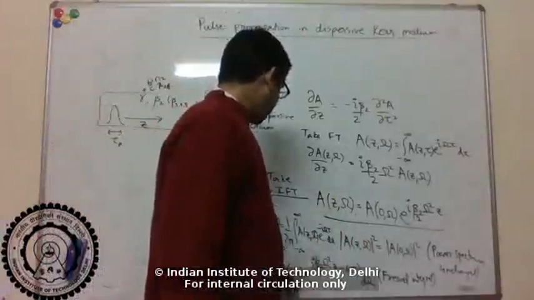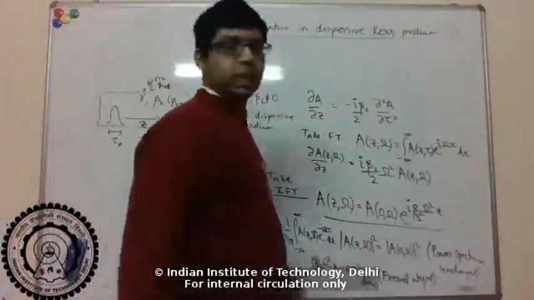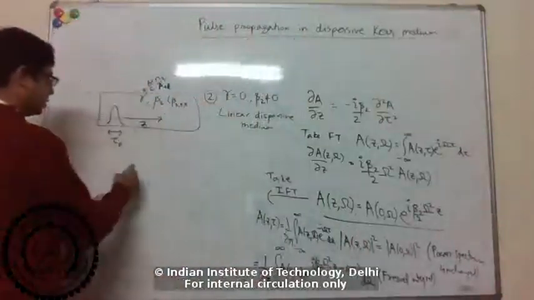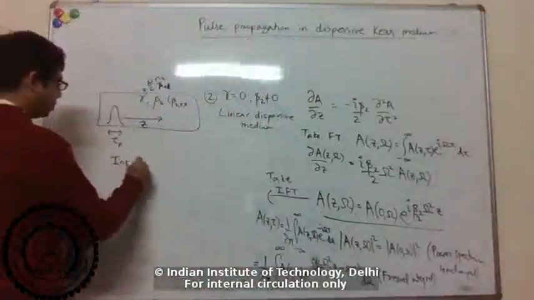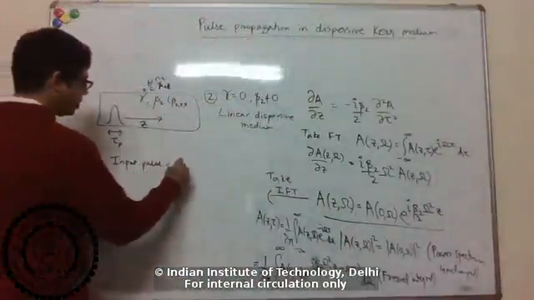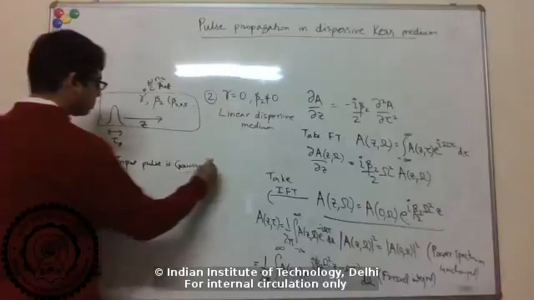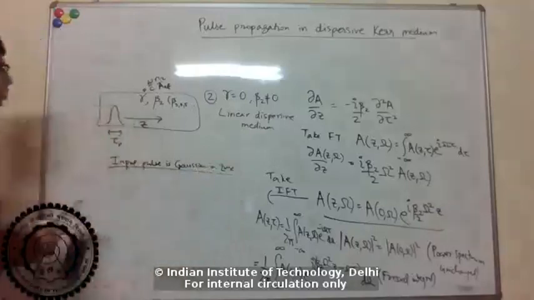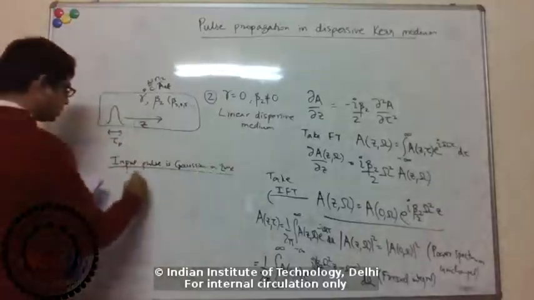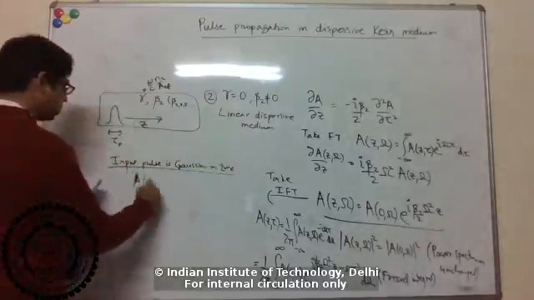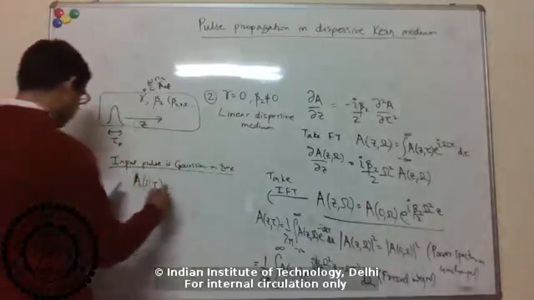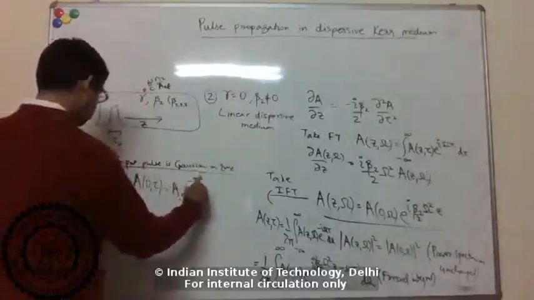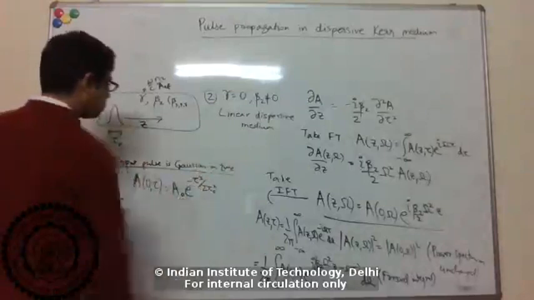Now, of course, we need A at z equal to 0, which is the input pulse, right? So we need to assume some input pulse. So let's assume that the input pulse is Gaussian in time, which means that A at z equal to 0, or A of tau, is some A naught e to the minus tau square by 2 tau naught square.